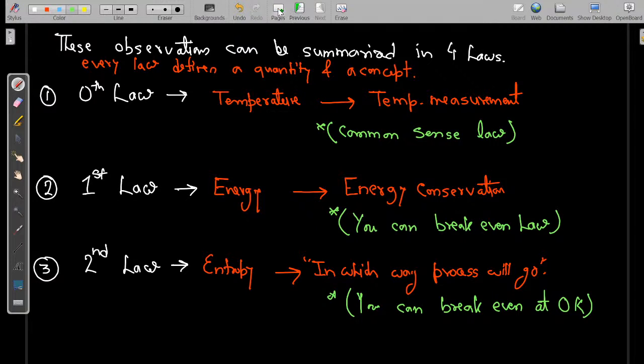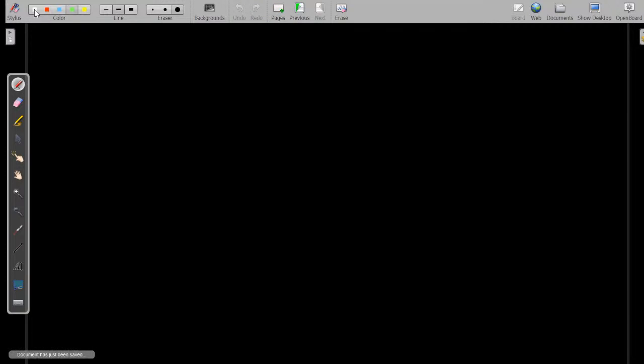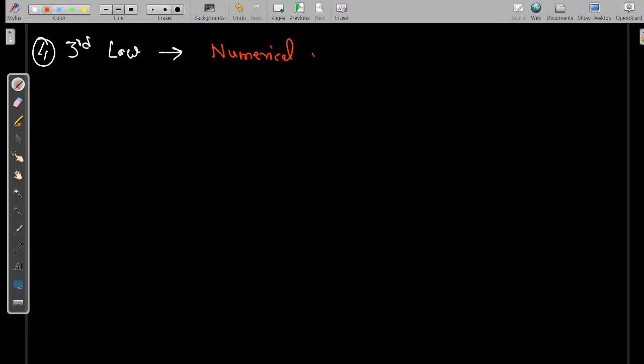Then last one is the third law of thermodynamics. The third law of thermodynamics gives a numerical value to entropy.